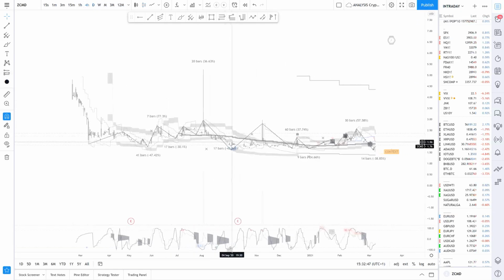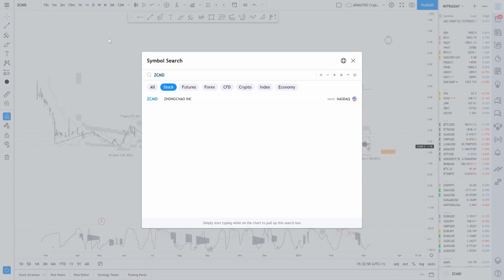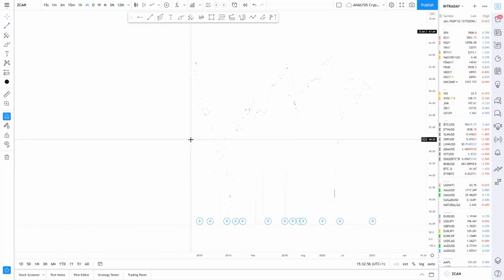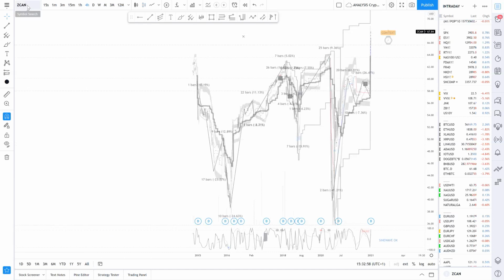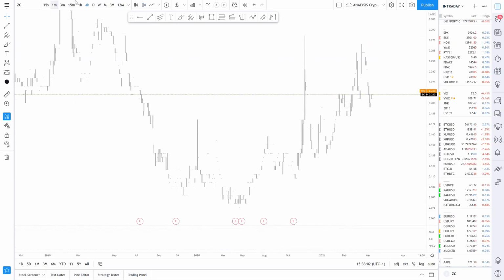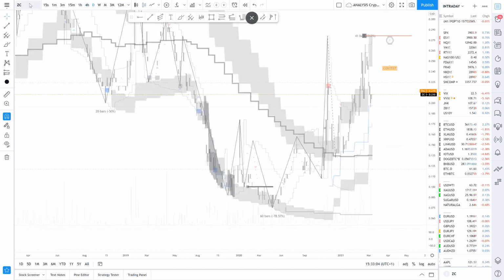Ah, damn it, not enough liquidity. Okay, I'm going to go for another thing. ZC of fun. Okay, even less liquid. Let's see. We're going to find something suitable.